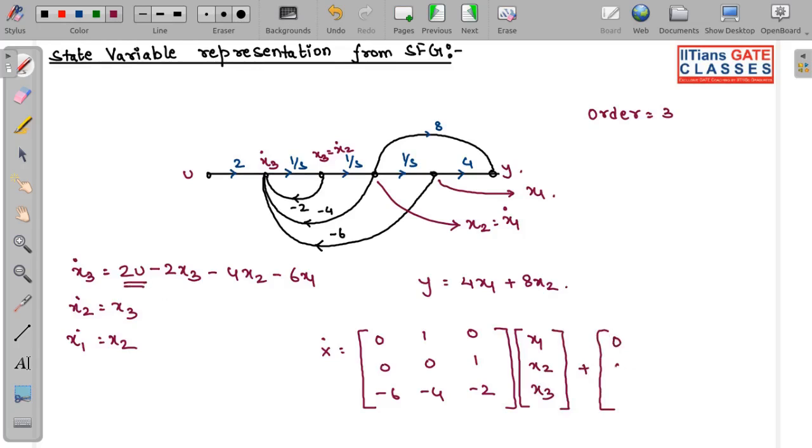And y is equal to 4 8 0 times x. So this is the state model for this specific SFG.